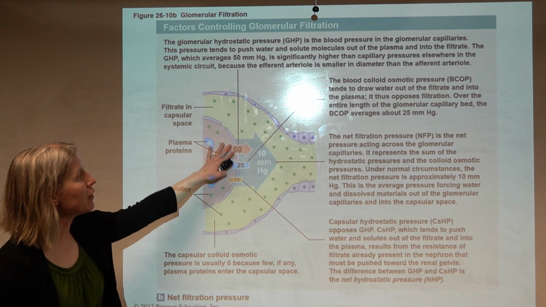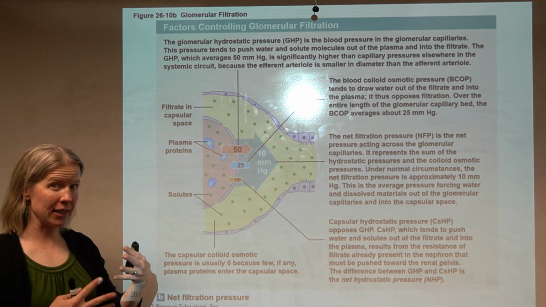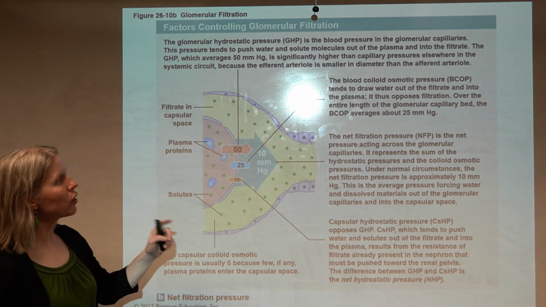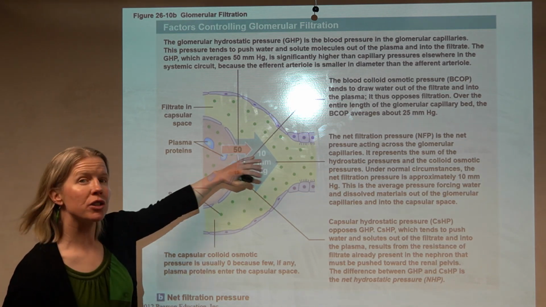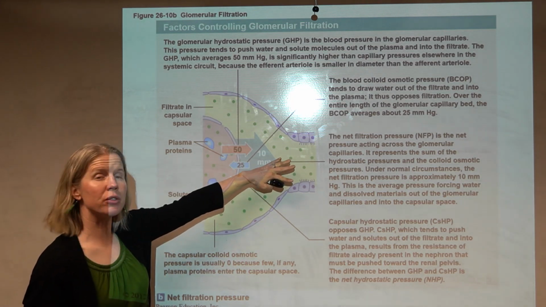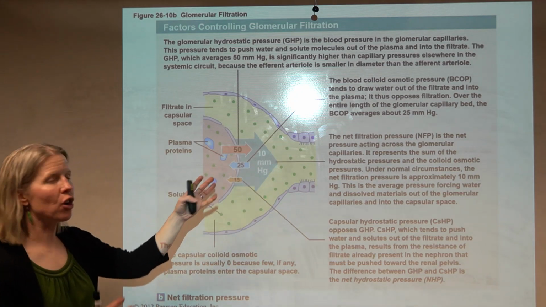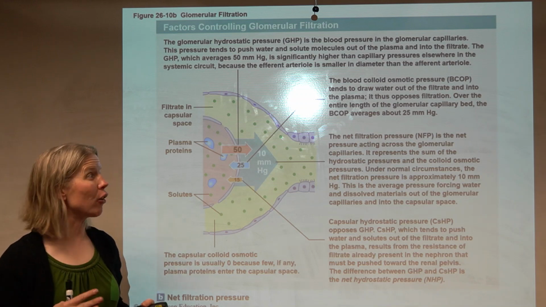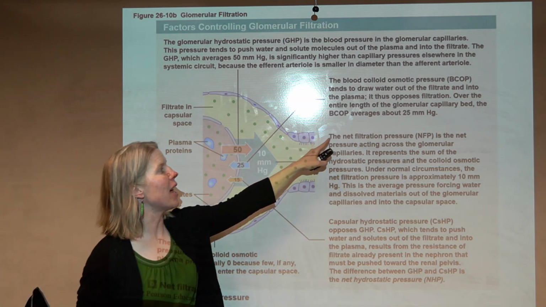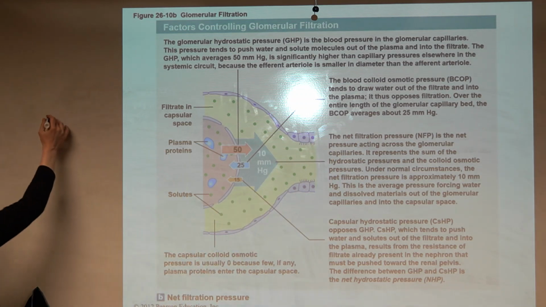So we have a lot of different pressures acting here, and what we're looking for is what forces are causing us to produce filtrate and what forces are opposing the formation of filtrate. When we add those all together, we get what's called net filtration pressure.